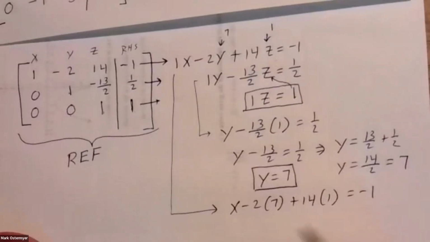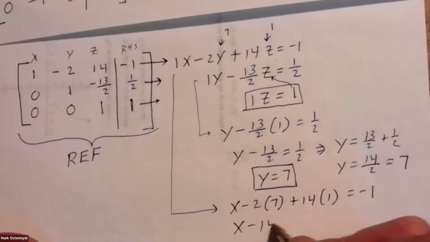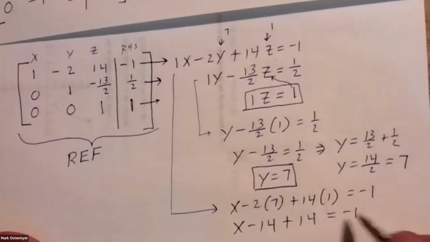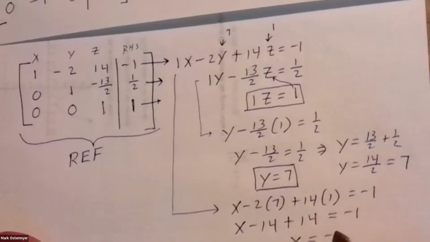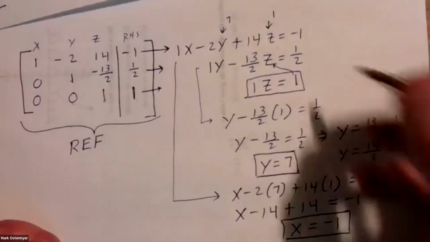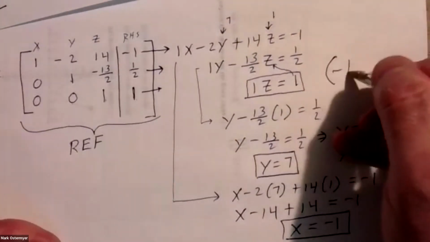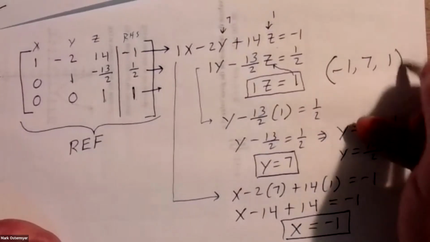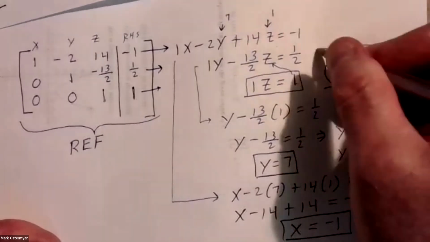We solve for x. Going through the arithmetic, what's x going to be equal to? -1. And ladies and gentlemen, we're done. We have our ordered triple solution: -1, 7, 1. Done with problem.